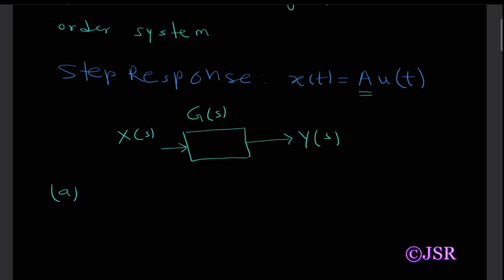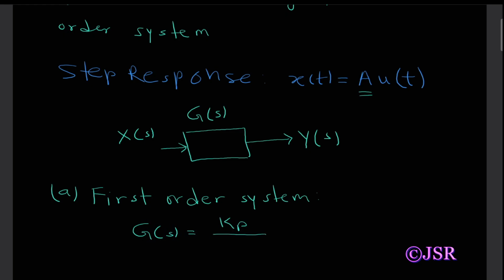So let's discuss first the first order system. So for first order system, g of s equal to kp upon tau s plus 1.